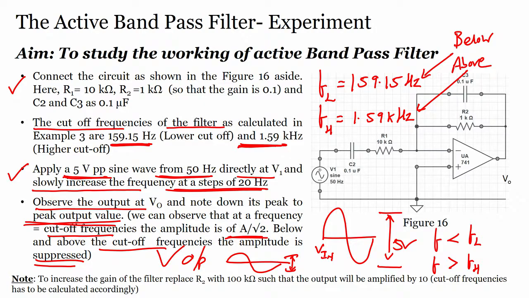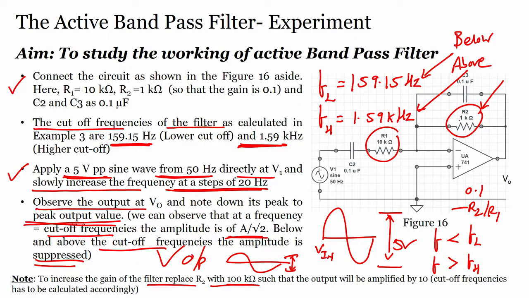Another point is, here we have R1 equals 10 kilo ohm, R2 equals 1 kilo ohm, so my gain is 0.1. If I want to increase the gain, I replace R2 with 100 kilo ohm. I can keep on changing the value of R2, because the gain is R2 by R1.